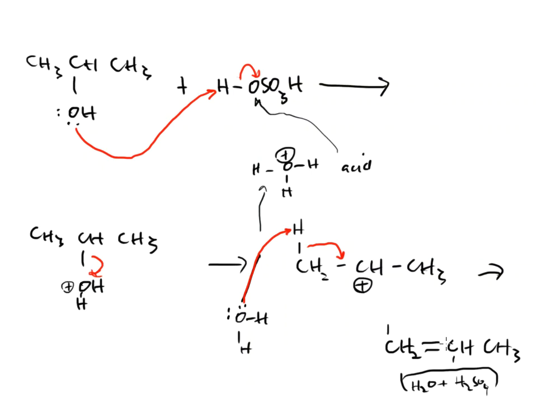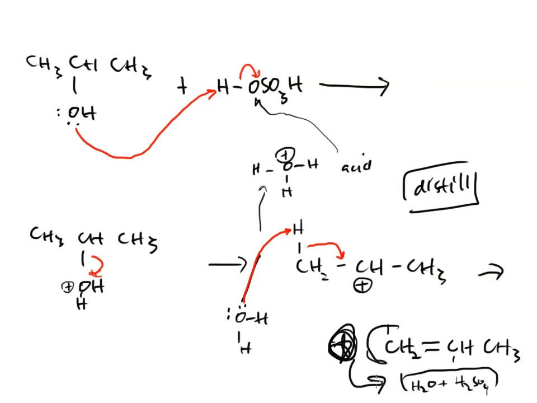I can't have that. So very often it is important to do something like distill my product off as it's getting generated. If I do not do that, my alkene that I'm forming down here in the very bottom is just going to revert back to the alcohol because the byproducts here are water and acid. And that is the template that's needed in order to make an alcohol from an alkene.